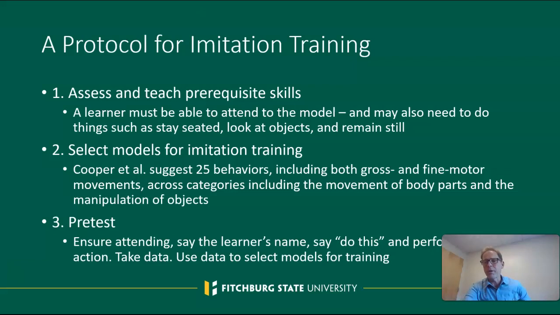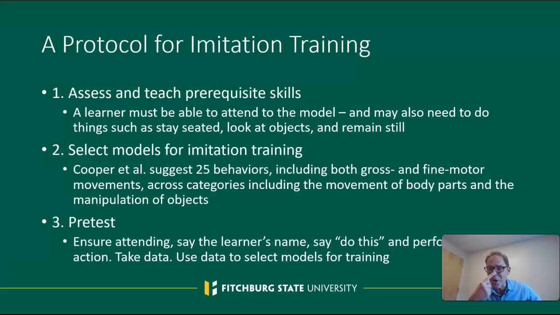So there's a fundamental difference between saying, do this, okay, and what I'm doing is I'm touching my nose, and saying, touch your nose, and going like this, okay? When I say do this and then I perform the action, I'm doing imitation training. I'm looking for the learner to do what I do, but I haven't told the learner what it is that I'm doing.